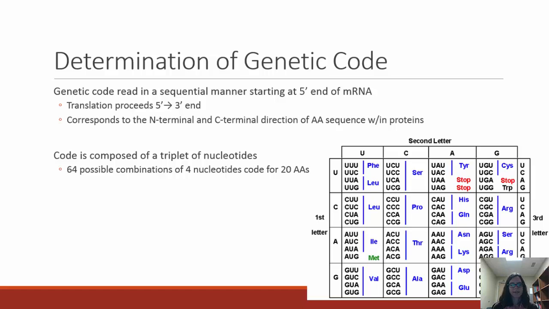So some amino acids are encoded by more than one triplet codon, and these can be shown here. Serine, for instance, can be coded by any of these 3-letter, or 3-base, codons.